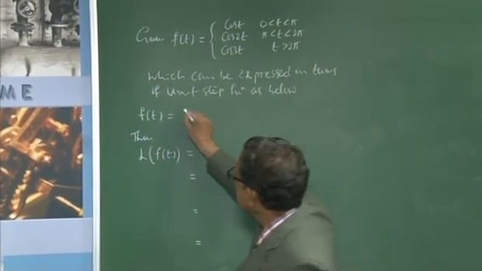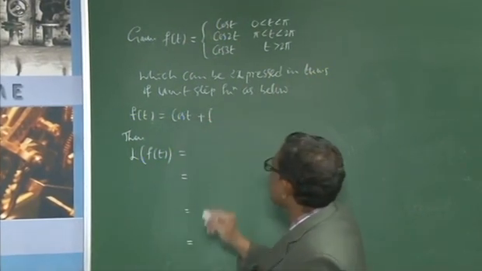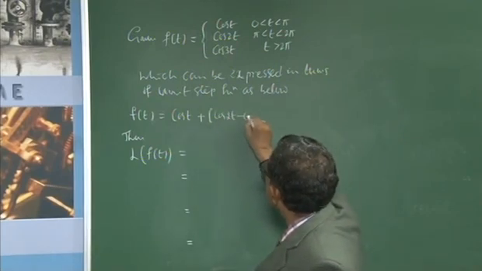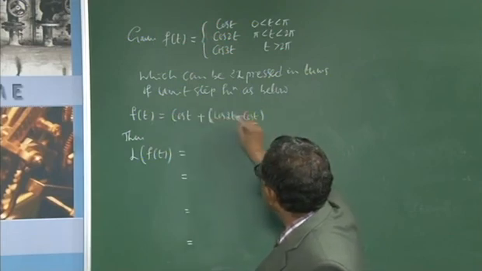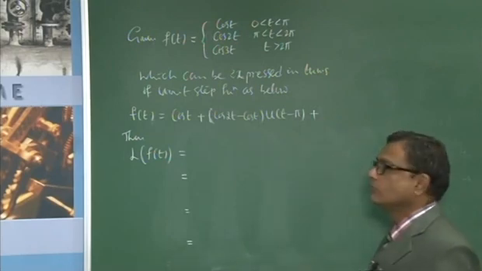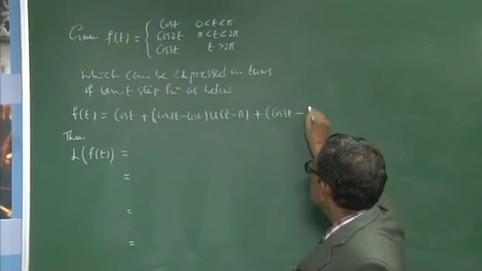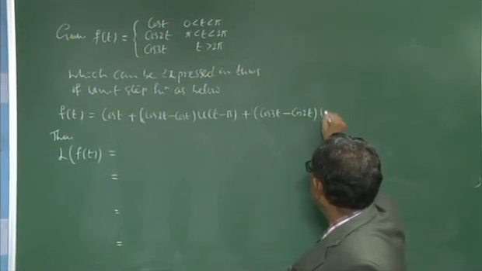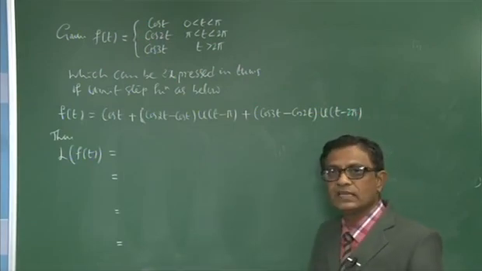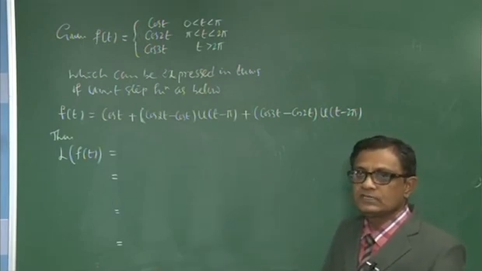First function as it is, cos t, plus, similar to the second example, the difference between the second and first function into u of t minus pi, plus for the third function, third minus second function into u of t minus 2 pi. Like this you have to express the given function in terms of the unit step function.